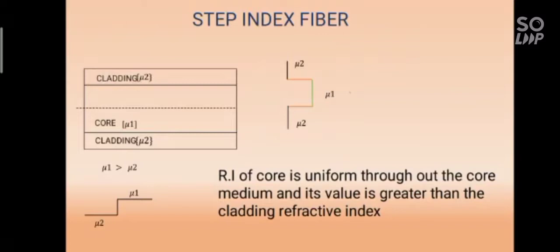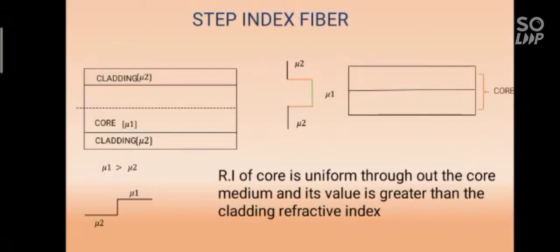Suppose this entire part is the core medium, and the outermost is the cladding. Then the path will be a zigzag path through the medium. So this is about the step index fiber.